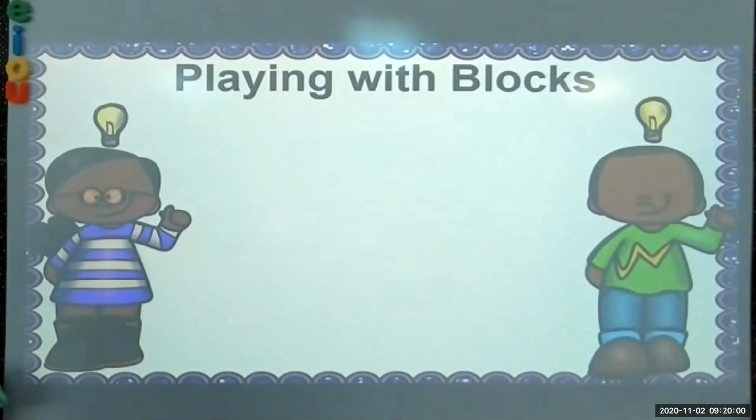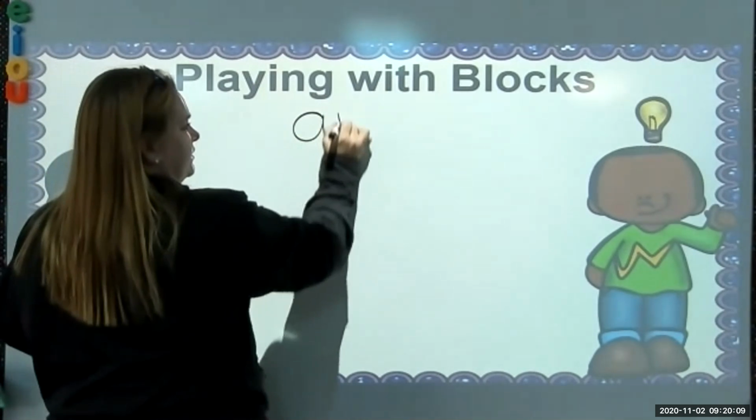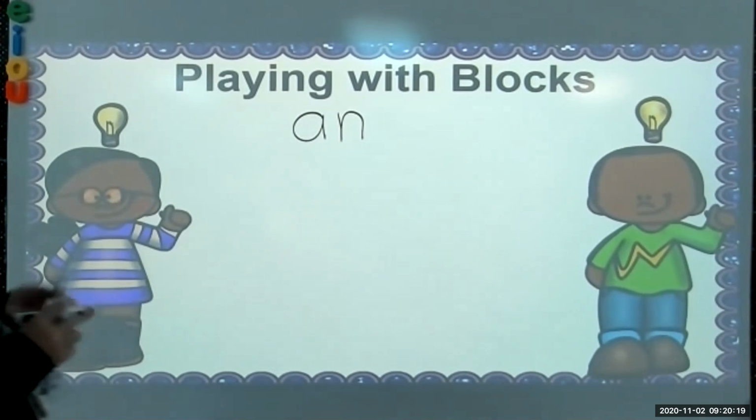Okay. Our second sound is, we're not going to have at. We're going to replace the t with n. What's that new word? An. How many sounds do you hear in an? I hear two sounds.